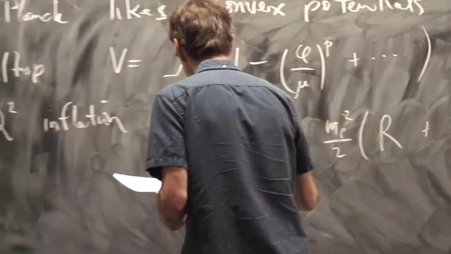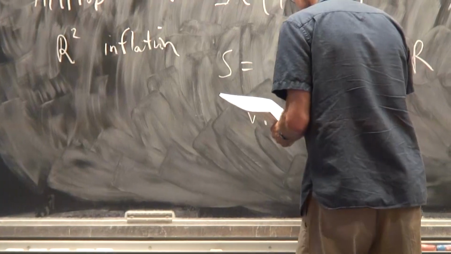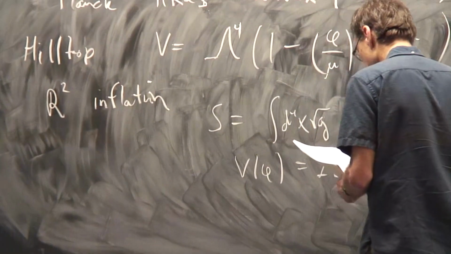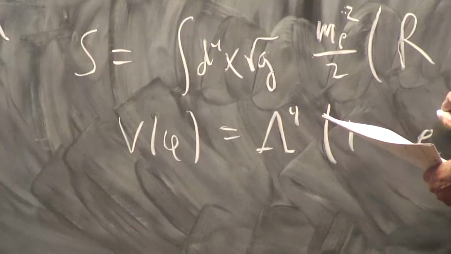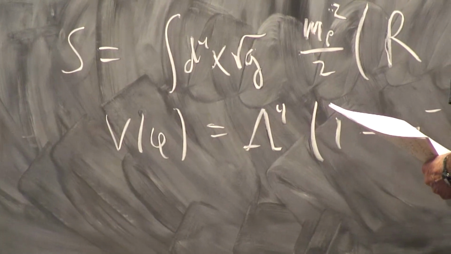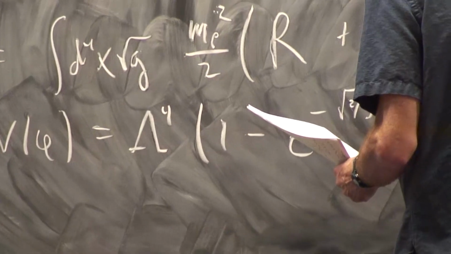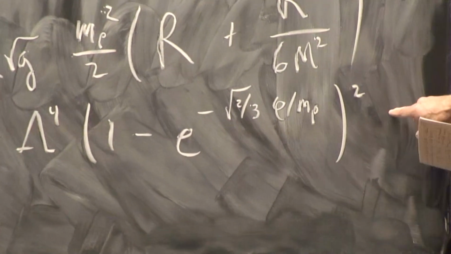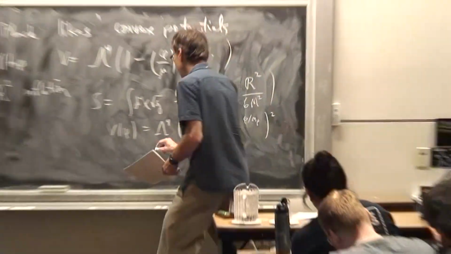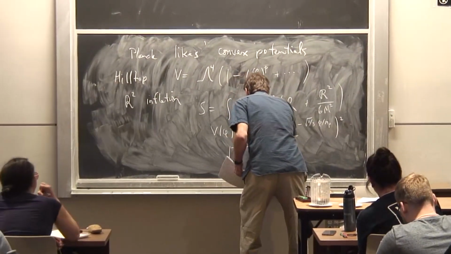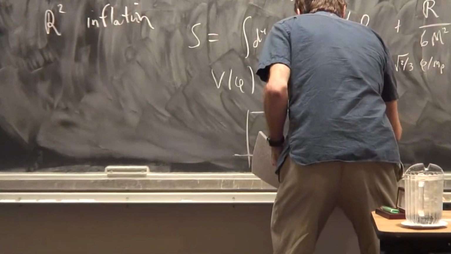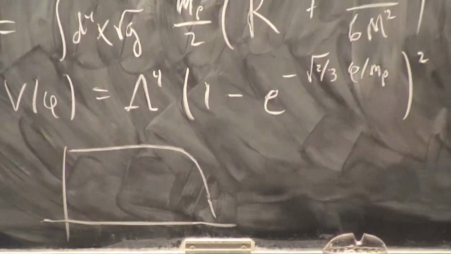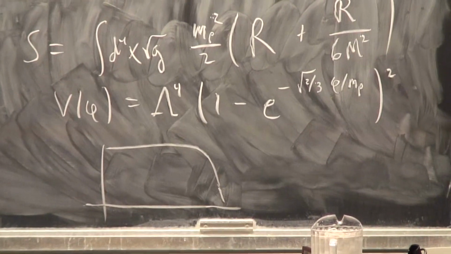So it's equivalent to an ordinary scalar field potential of the form lambda to the fourth, 1 minus a negative exponential, e to the minus root 2/3 phi over m Planck, quantity squared. And so you see this is kind of like a hilltop model, but it's very flat on top. And so Planck seems to like that very much.